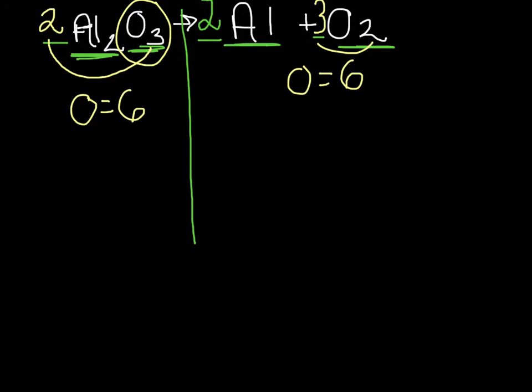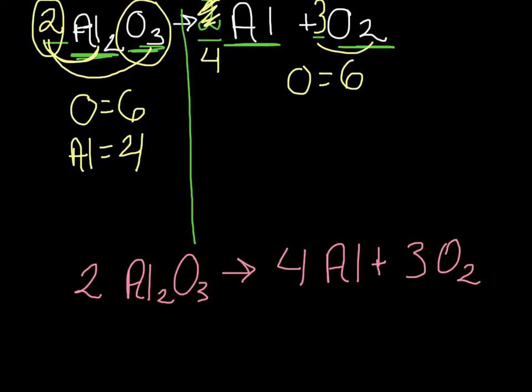Alright, now we got to go back and look at aluminums again because we changed the coefficient here. So now we have on this side 4 aluminums total, because 2 times 2. And then on this side we only have 2, but we wrote that coefficient so we can rewrite it. And we can just make it 4. So I'm going to rewrite this real quick because it looks like a huge mess now.